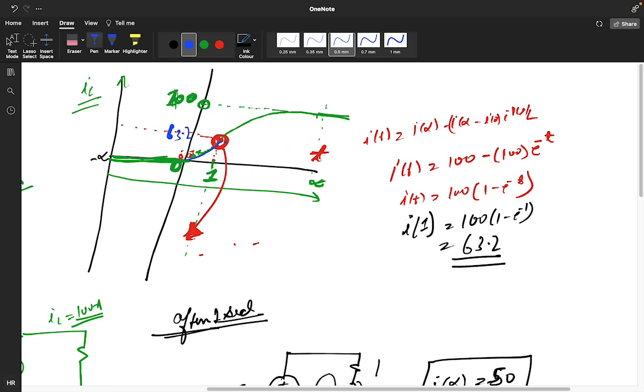It's going to 63.2 like this, but at infinite it will not reach 200. Somewhere it's going like this, and it's getting fixed at 50. So this was the special case.